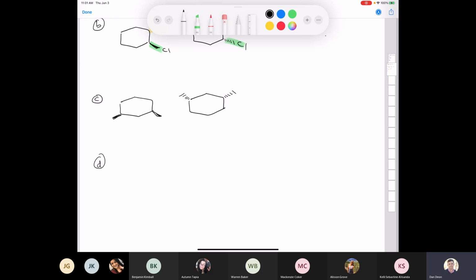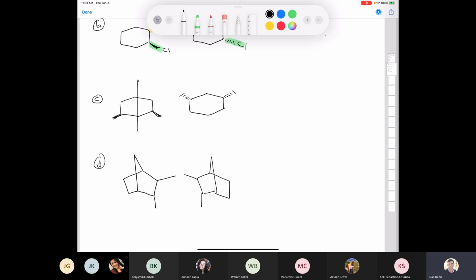And I'll try and draw these the best I can. Yeah, they're meso compounds, right? It's a meso compound, but the question is, what's the relationship between them, right?